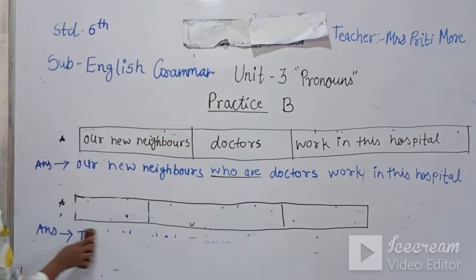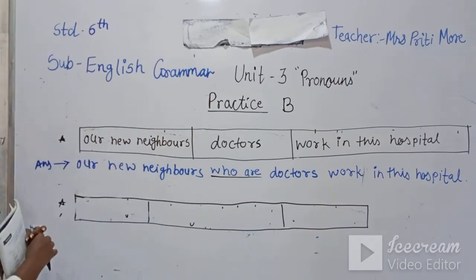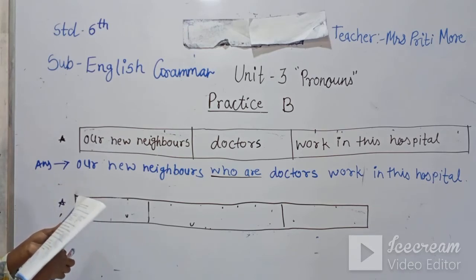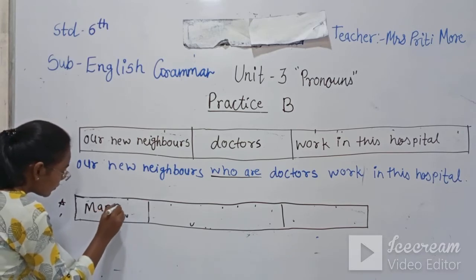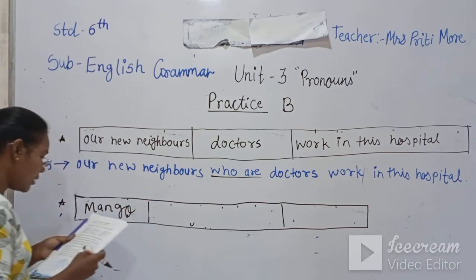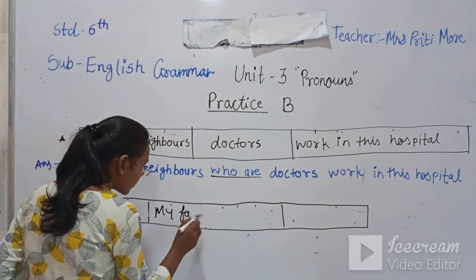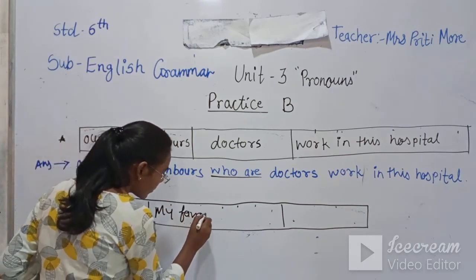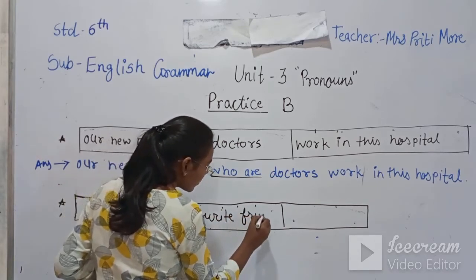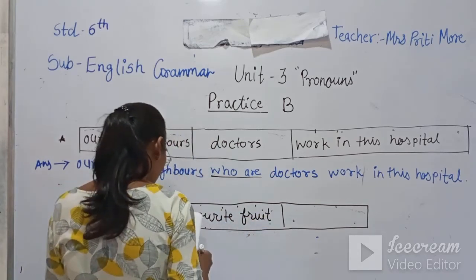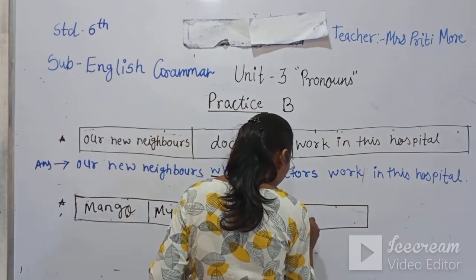This second also. So we can write our next sentence. Mango, my favorite fruit, expensive.